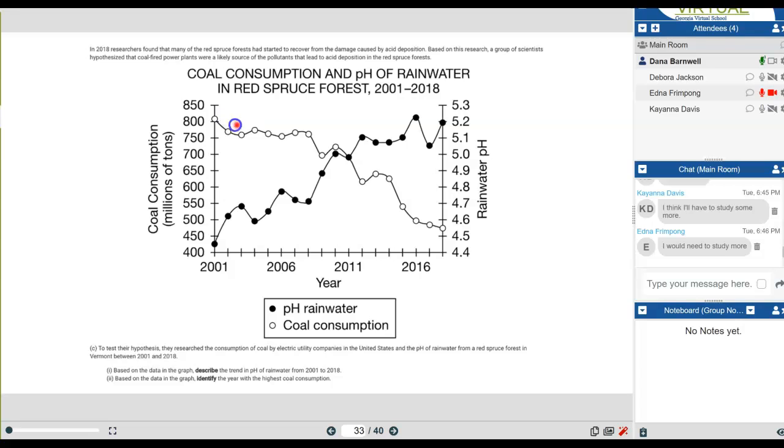As we see the decline in coal consumption, we start to see an increase in the pH of the rainwater. That is because if we're reducing coal, then we are reducing sulfur dioxide and NOx emissions from the coal burning, and you're going to see the impact of that on the rainwater in local areas.